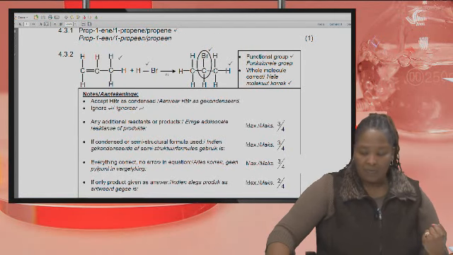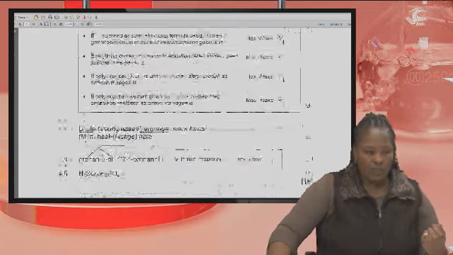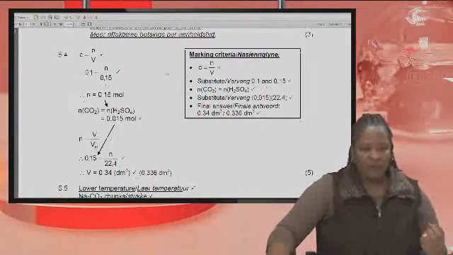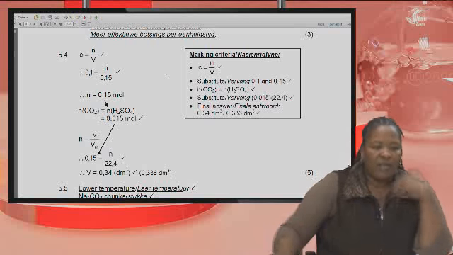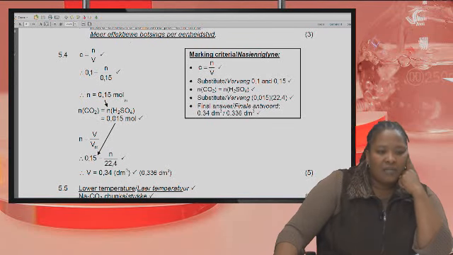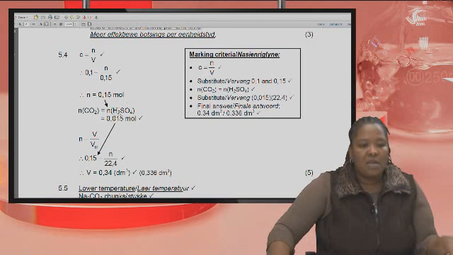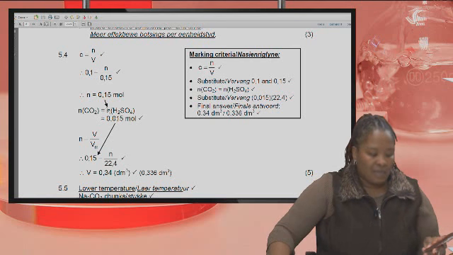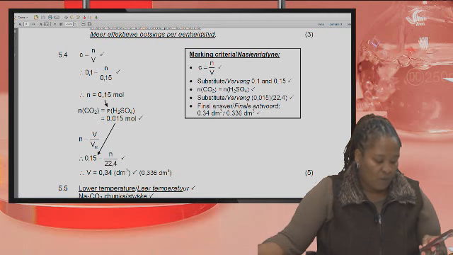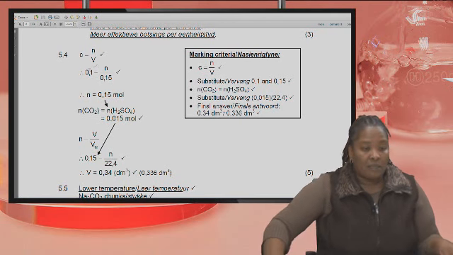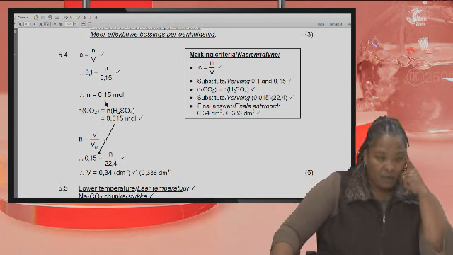And then the last question is on question 5.4. In question 5.4 there, the question was if the learner calculates the number of moles incorrectly, does the learner get 5 marks or 3 marks there? Now, colleagues, let us check the option there.